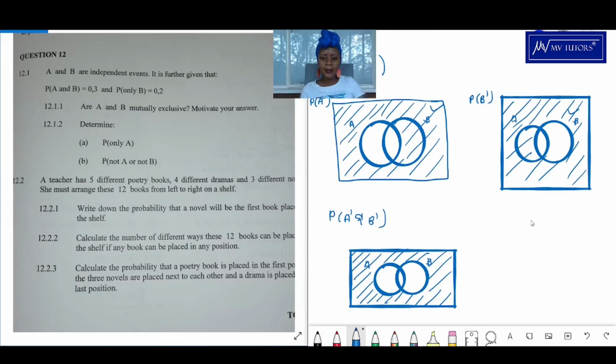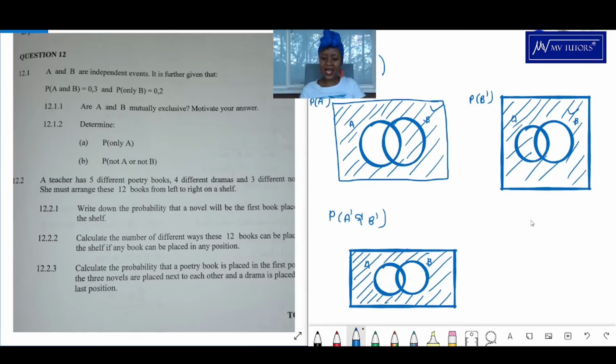Okay, but now we have a shaded area for B here and we don't have a shaded area here, so they don't intersect, so we're not going to shade anything inside B. We don't have any intersection here, nor do we have anything here, so we're going to leave that open. And when you look at A, you only have A this side, but it's not shaded that side. So basically we're not going to cover A as well. So that is a scenario where you have the probability of not A and the probability of not B.